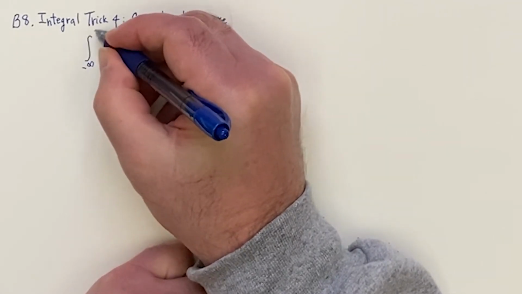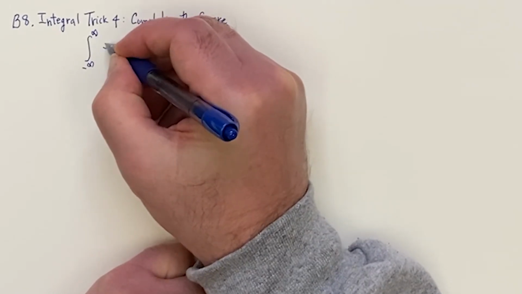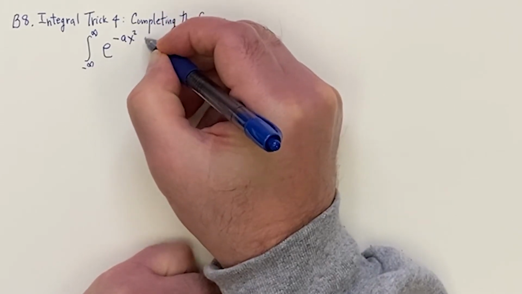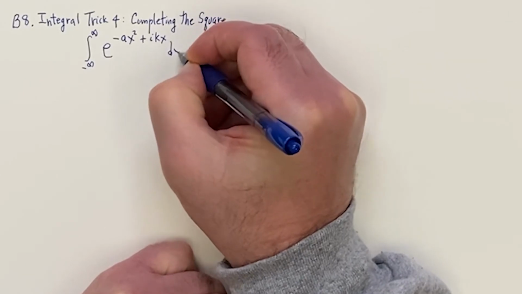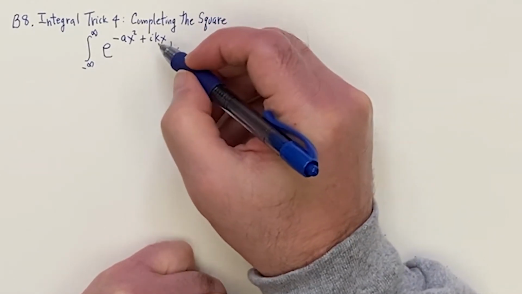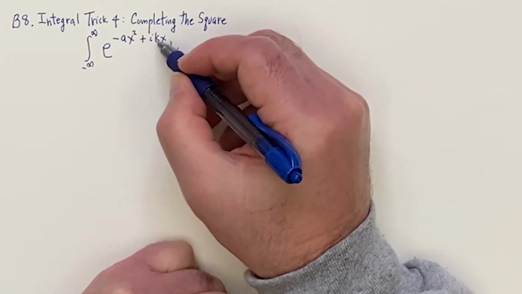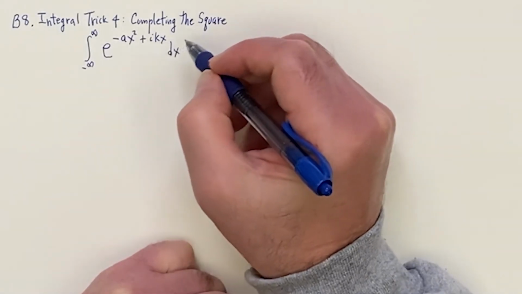Let's look at the integral from minus infinity to plus infinity, e to the minus a x squared plus ikx dx. Later we'll learn, and you may already know, that this is a Fourier transform kind of integration.